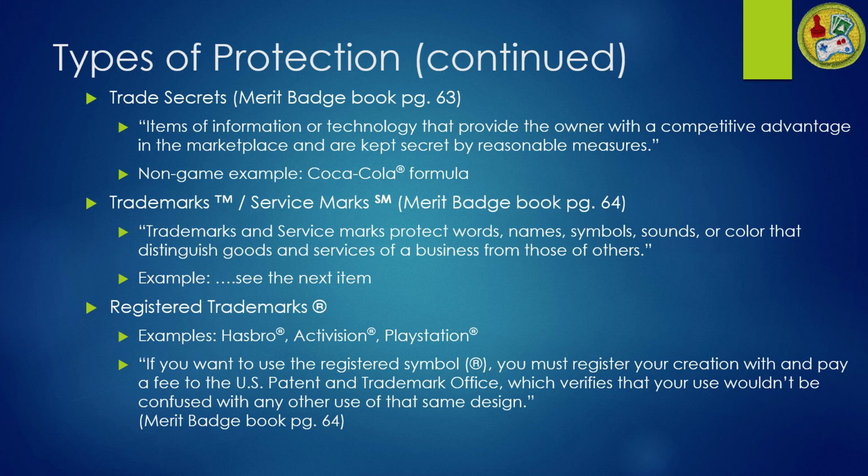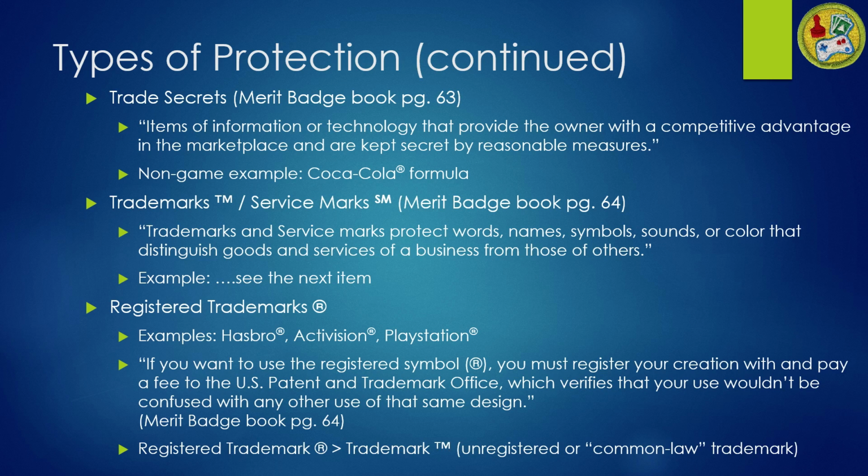The Merit Badge book tells us that if you want to use the registered symbol, you must register your creation with and pay a fee to the U.S. Patent and Trademark Office, which verifies that your use wouldn't be confused with any other use of that same design. Basically, having a registered trademark gives you more legal power than a trademark, otherwise known as an unregistered or common law trademark.